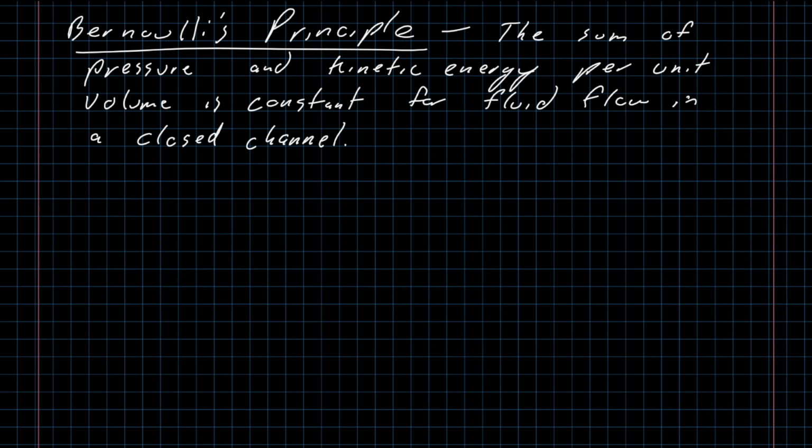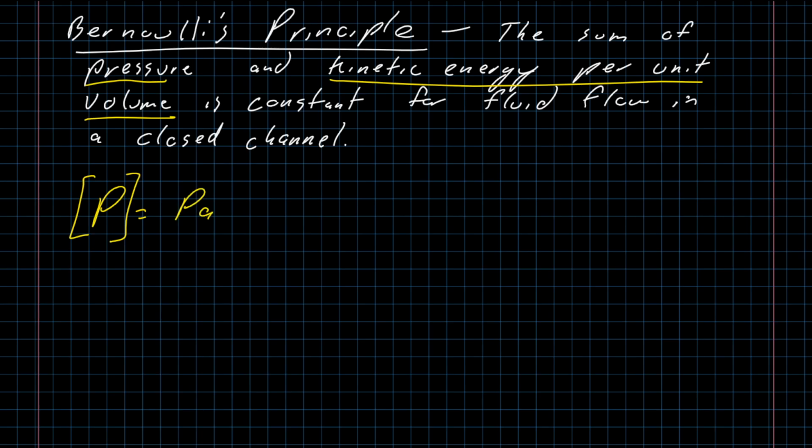The first time I encountered this, the amazing thing to me was these two measures: pressure and kinetic energy per unit volume. Right? Well, pressure in SI units we measure in pascals, and then kinetic energy per unit volume.